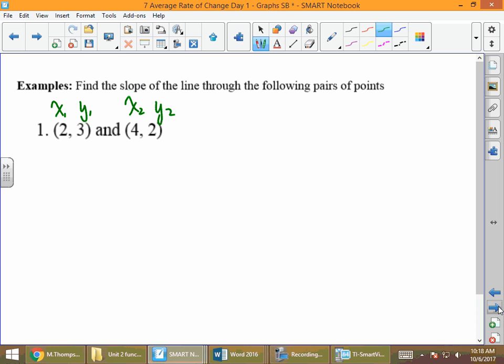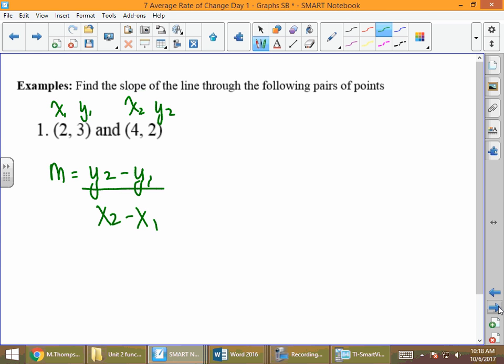Then we need to fill in the formula. The formula is right above this on your paper, but it's not right above it on mine, so just a reminder that this is y sub 2 minus y sub 1 over x sub 2 minus x sub 1.